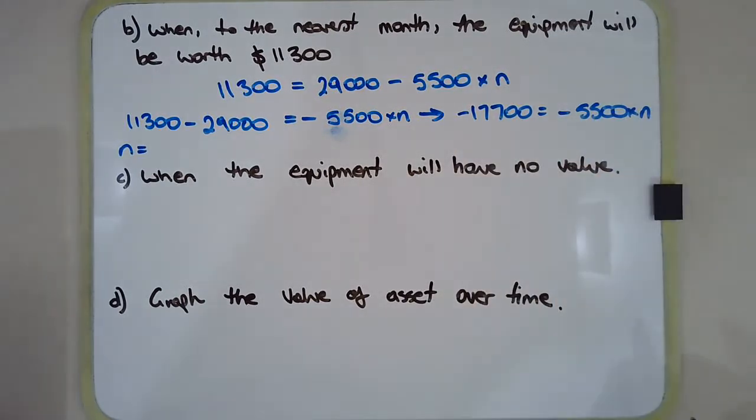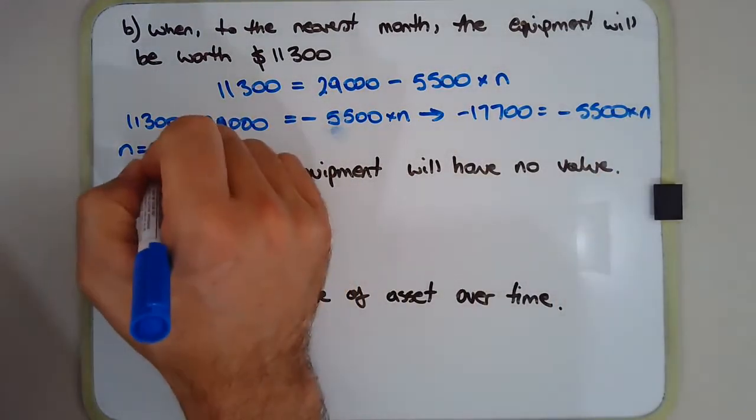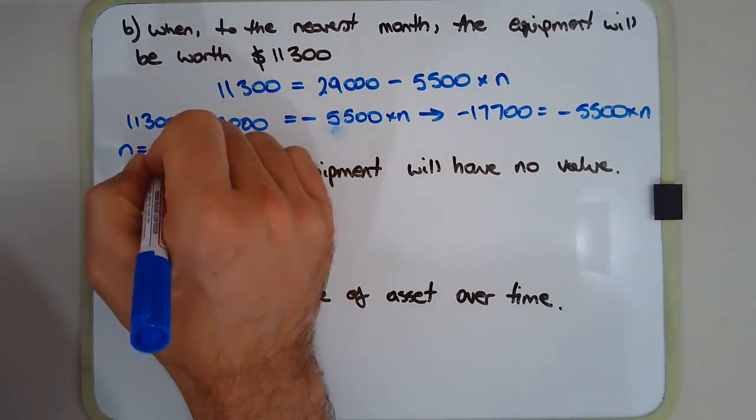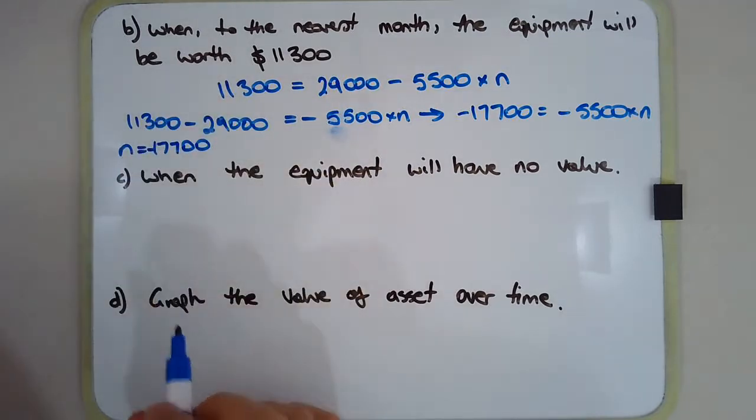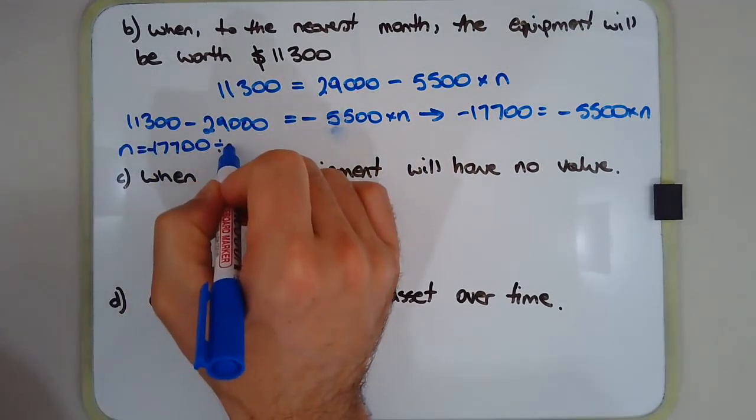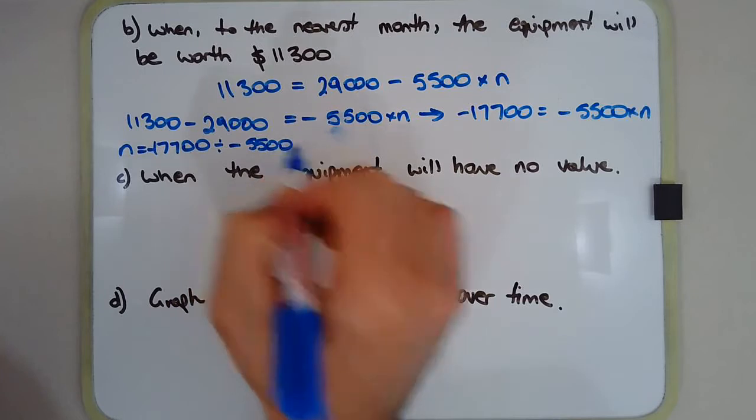Two negatives when divided will give you a positive, so that's nice. Obviously, you want N to be positive, it doesn't make sense for it to be negative.